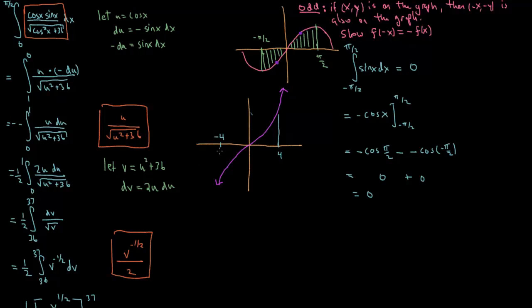Well, notice what happens again. You have the same amount of area above and below the x-axis. They're going to be the exact same number, but since this region over here is below the x-axis, it's going to be counted in a negative manner, and the region above the x-axis is going to be counted in a positive manner. So the net area will be a number plus its opposite equals 0.